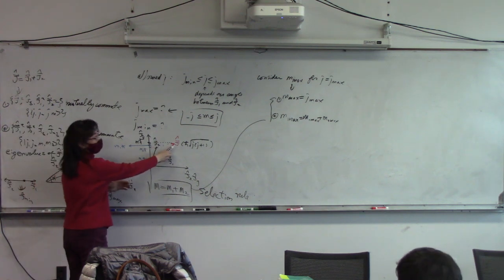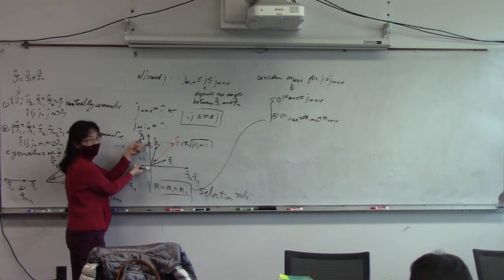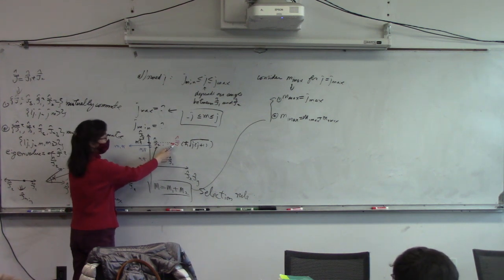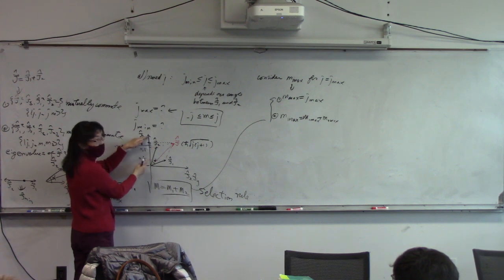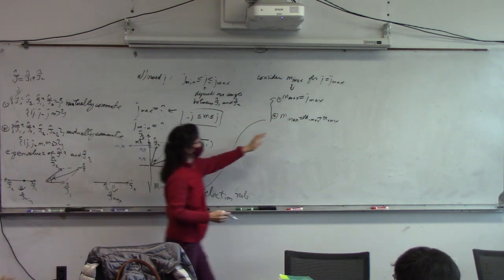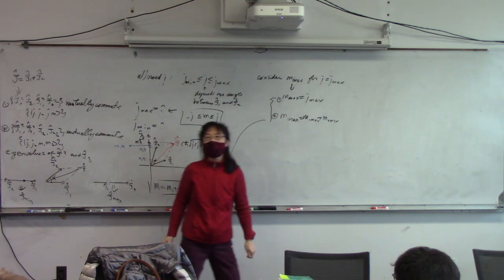If we select J as maximum, that is the maximum value projected to the Z direction, M max, and that equals M1 max plus M2 max, right? So that is it. So these two are equal.